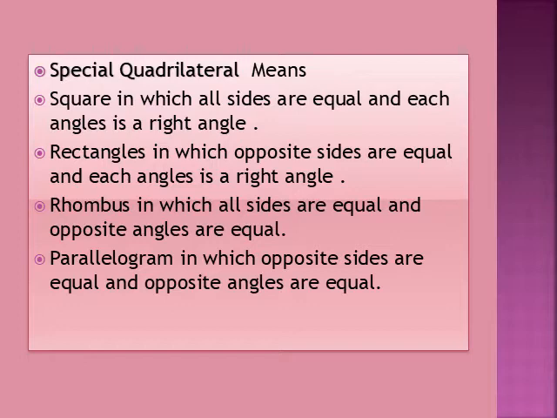In the same way, in a parallelogram opposite sides are equal and opposite angles are equal. So for all these types of quadrilaterals you don't need the fifth measurement at all. You only need 2 or 3 measurements, either sides or angles. Therefore these types of quadrilaterals are called special quadrilaterals.